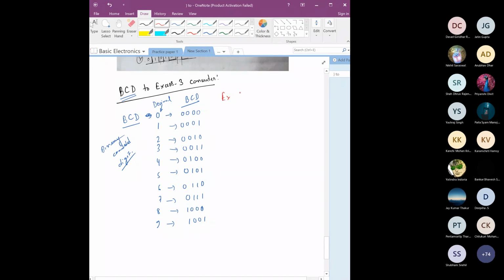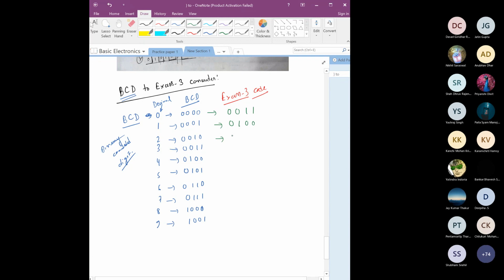So what do you mean by this XS3 code? XS3 code means whatever the BCD number is, you have to add 3 to it, and write that number. For example, for 0, just add 3, so it is basically 3, right? So you write 3 here. Then 1 will become 4.